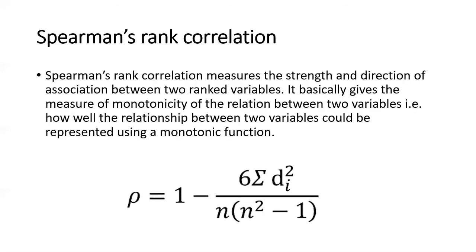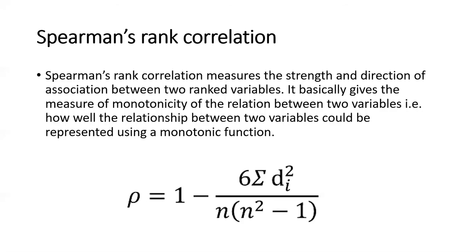Let's study the Spearman's rank correlation. The Spearman's rank correlation is based on ranks. Here we use the ordinal data set. Spearman's rank correlation measures the strength and direction of the association between two ranked variables. Here first, the variables are arranged in order. They are ranked, ranks are allotted to them, and then the association between the two variables is studied.